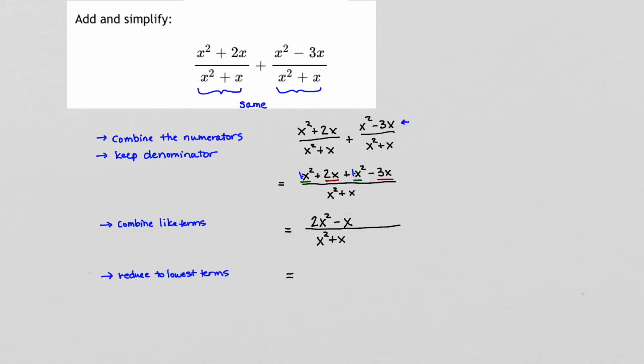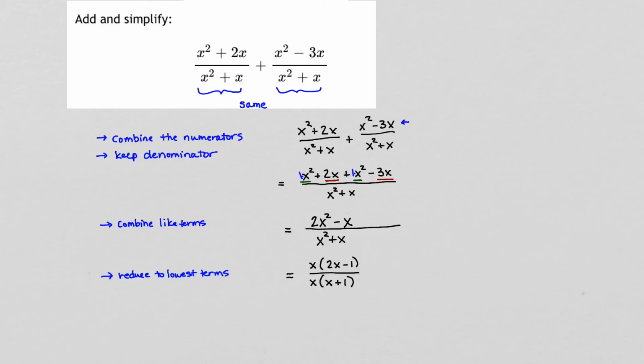So let's factor the numerator. Notice 2x squared minus x is a binomial, and I can pull out a common factor of x. When I do so, I'm left with 2x minus 1. And in the denominator, I'm again going to pull out an x, and so I'm left with x plus 1.